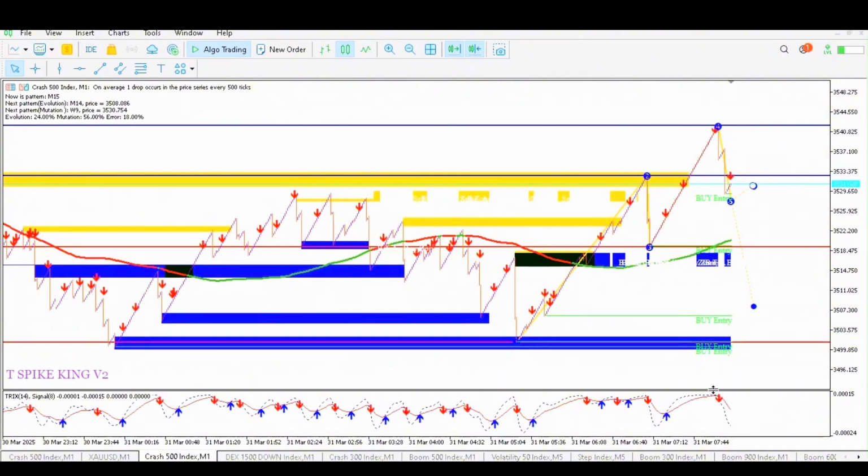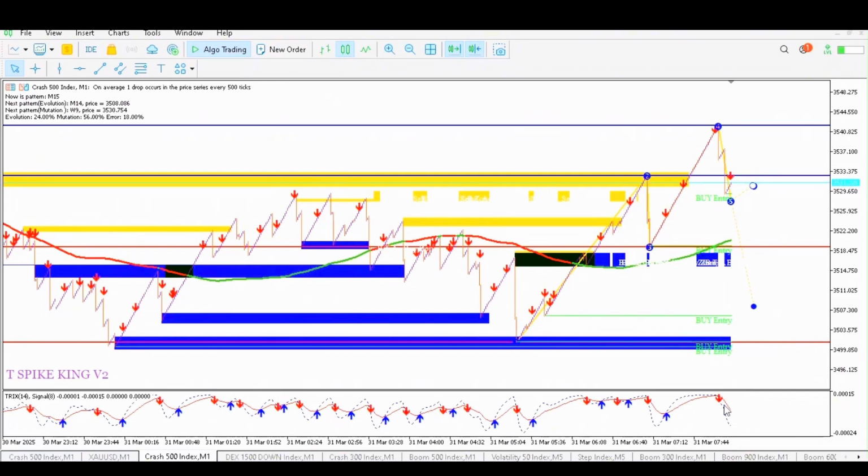By this window. Once it has been confirmed by this window, then we can say it will drop to this point. For instance, here, Crash 500 might drop to this point. Why? Because of this confirmation. This system is telling us that the market can continue to go down. So we can try that.